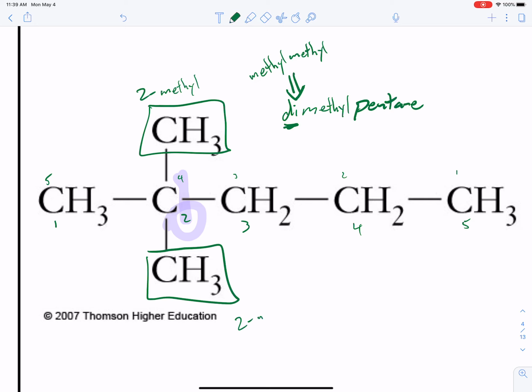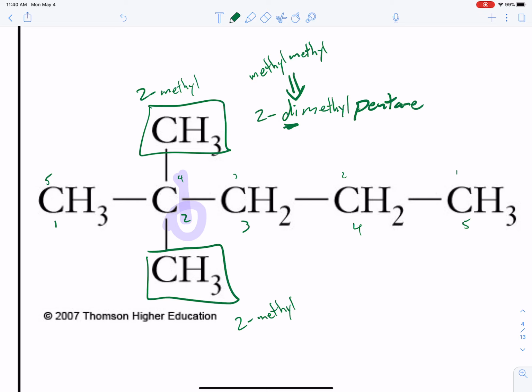This one is a 2-methyl as well. So, how do I do this? I could have called it a 2-methylpentane. That sounds weird, and I already said dimethyl sounds better, right? It's more condensed, it's a little bit simpler. So, could I just put a 2-dimethylpentane?